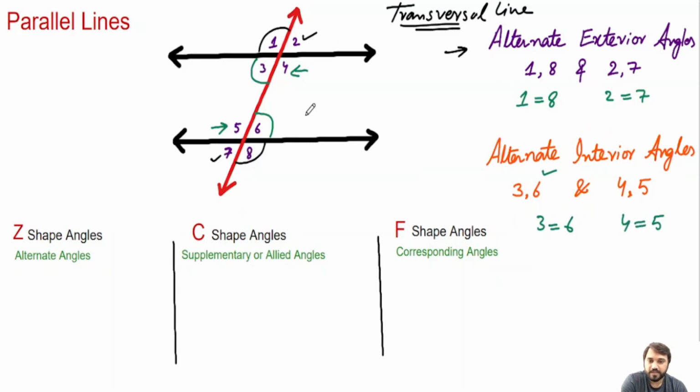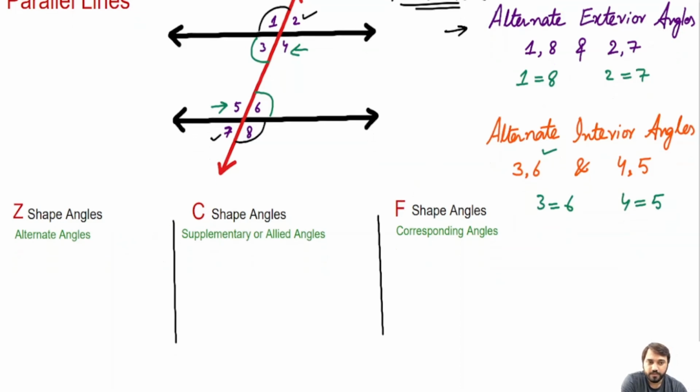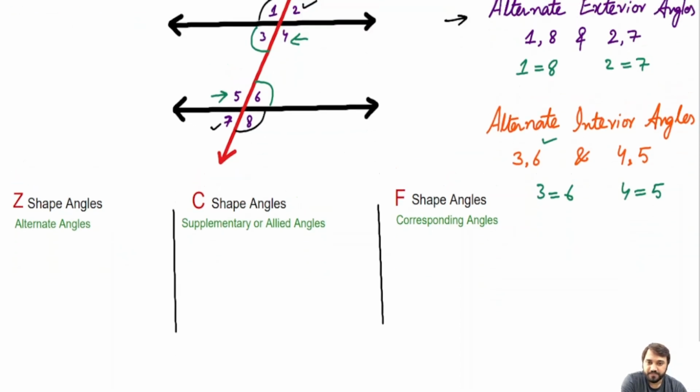In order to memorize this information, we have Z-shape angles, C-shape angles, and F-shape angles. I have just divided them into 3 categories, and that will help you to identify them. Let's start with the Z-shape.